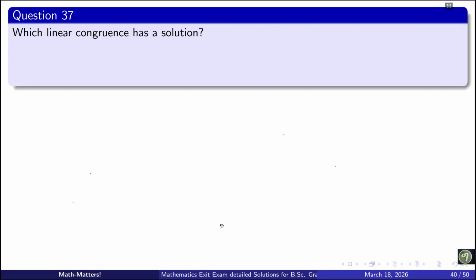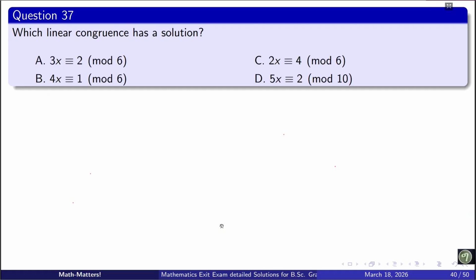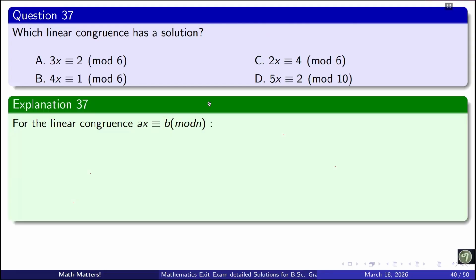Next, which linear congruence has a solution? The options are 3x congruent to 2 modulo 6, 4x congruent to 1 modulo 6, 2x congruent to 4 modulo 6, and 5x and so on. For a linear congruence ax is congruent to b modulo n, a solution exists if and only if the GCD of a and n divides b.